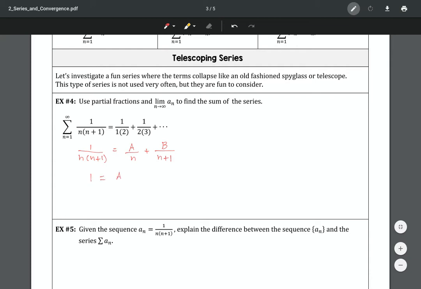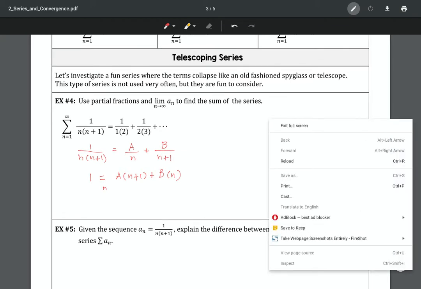So basically, I'm multiplying both sides times the denominator. Okay, and then if you remember, what I'm going to do is choose an n value.